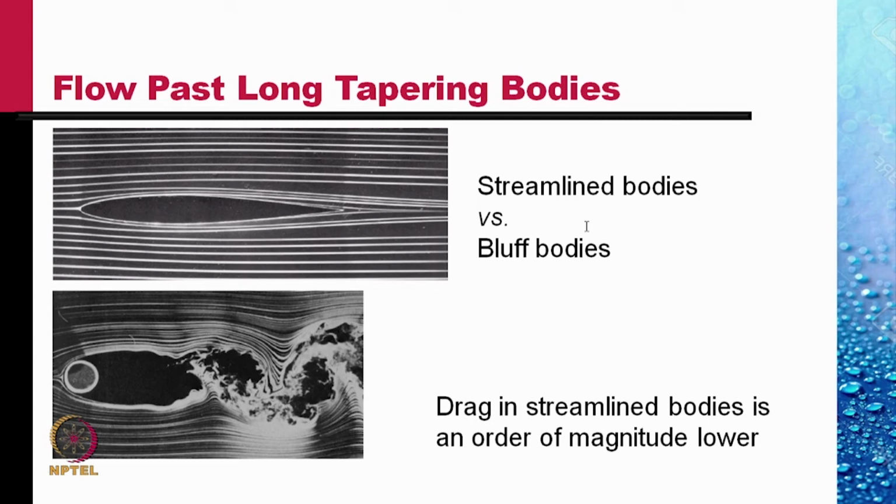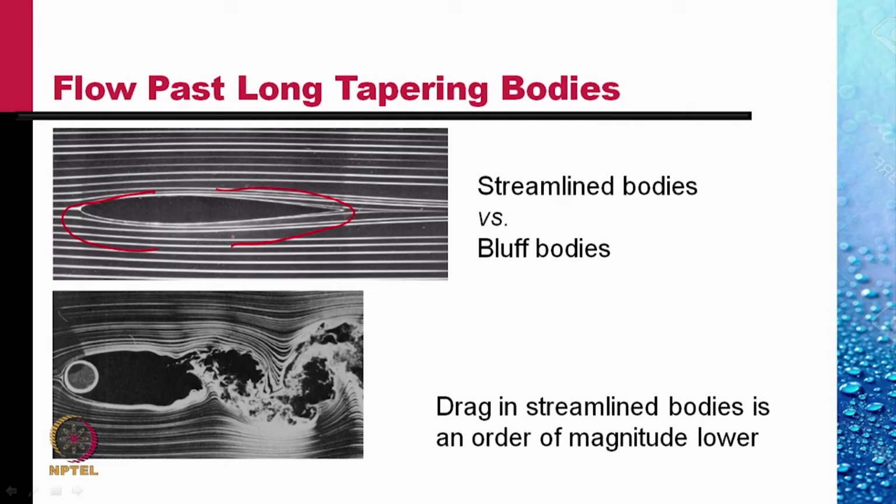In the lower picture, we have a cylinder which does not have a long tapering tail. It is a bluff body, and in this we get a large wake, a highly disturbed flow. In the first case of the streamlined body, the pressure at the front, which is pushing it, recovers at the back, and the pressure is pushing it forward from the back.